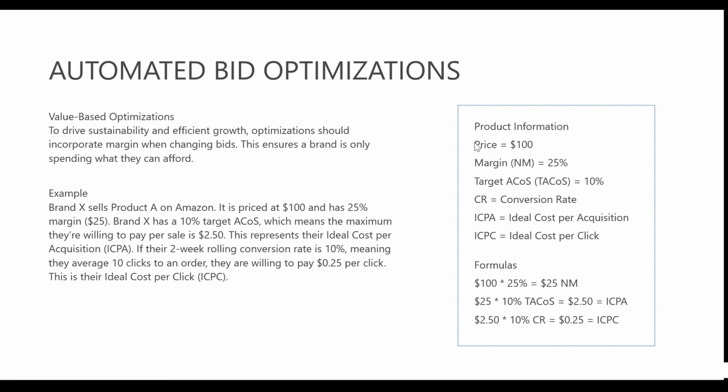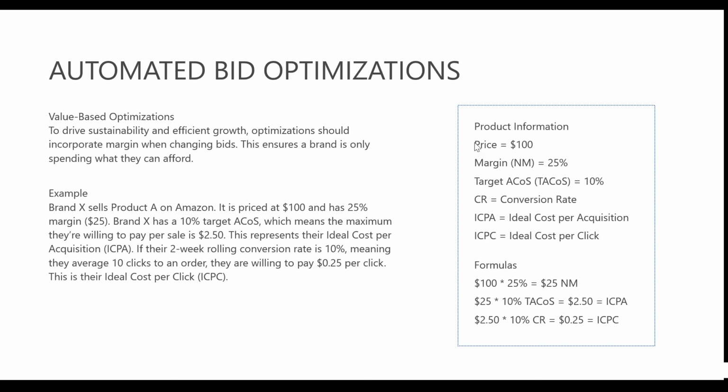This represents what we call an ideal cost per acquisition. And if we assume that their 2-week rolling conversion rate is 10%, meaning they average 10 clicks to an order, they're willing to spend 25 cents per click. This is what we call their ideal cost per click. That 25 cents is derived from that $2.50, and that conversion rate is just using historical performance numbers.